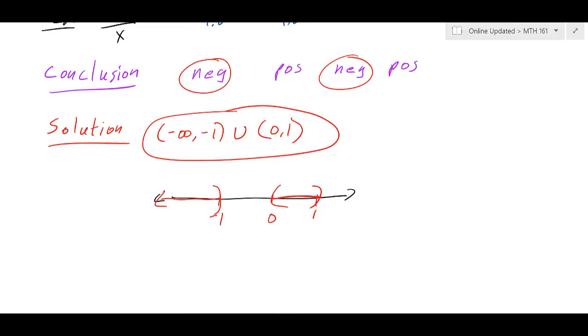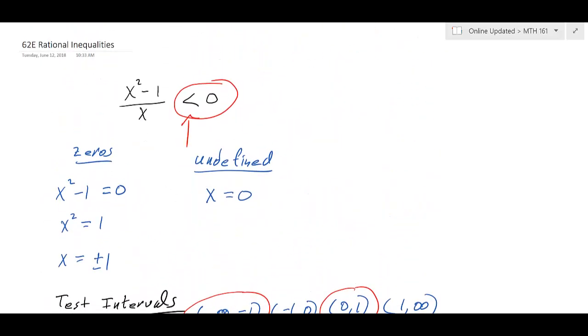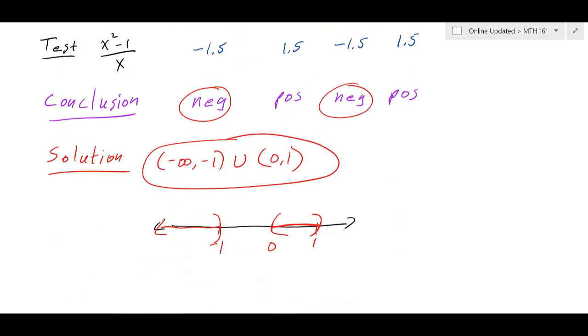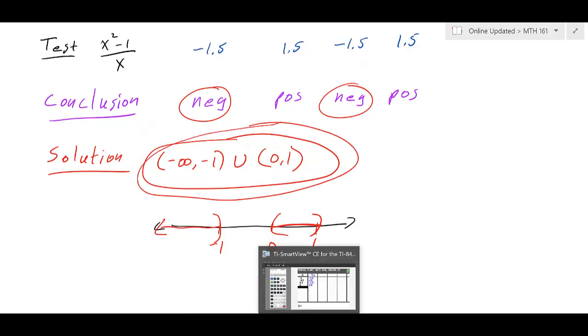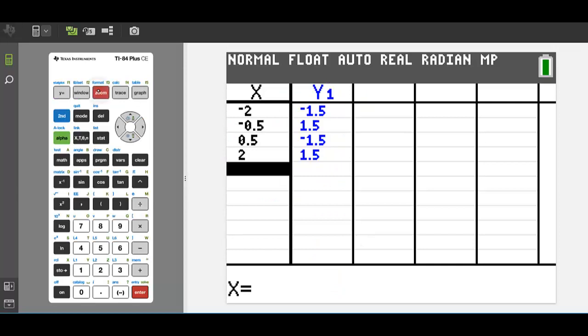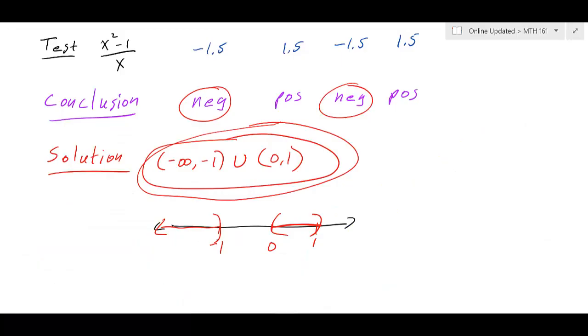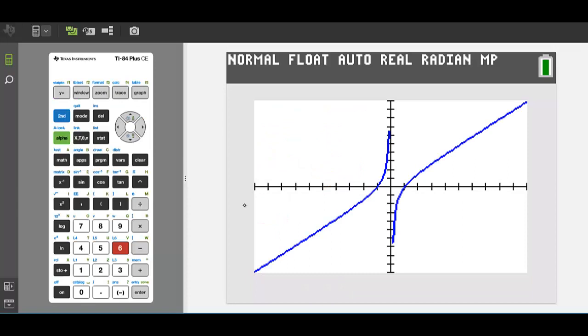Now, let's quickly look at the graph of this inequality, x squared minus 1 over x, and see if the graph is below the x-axis within these intervals here. So we can simply go to the calculator. I'm going to go to Zoom Standard again. And if we look, the graph from negative infinity all the way up here to negative 1 is below the x-axis.